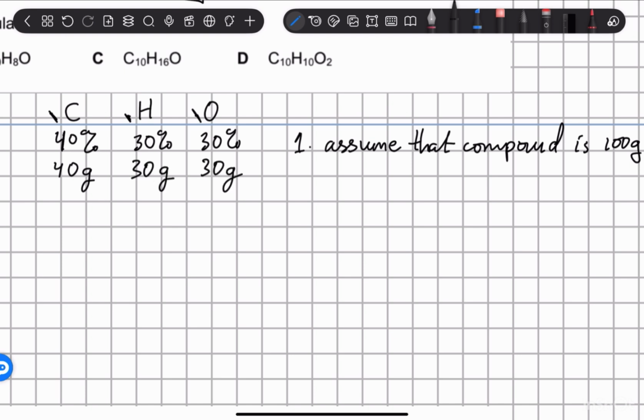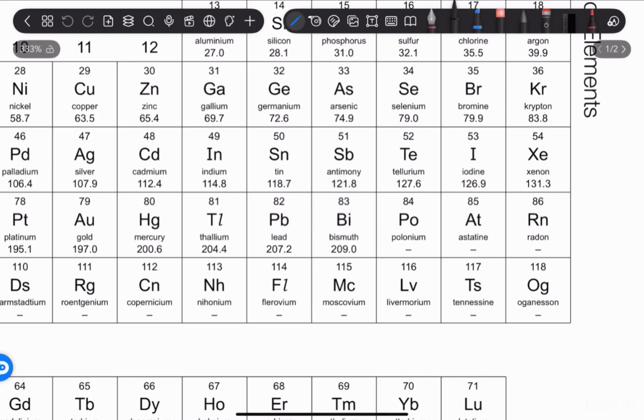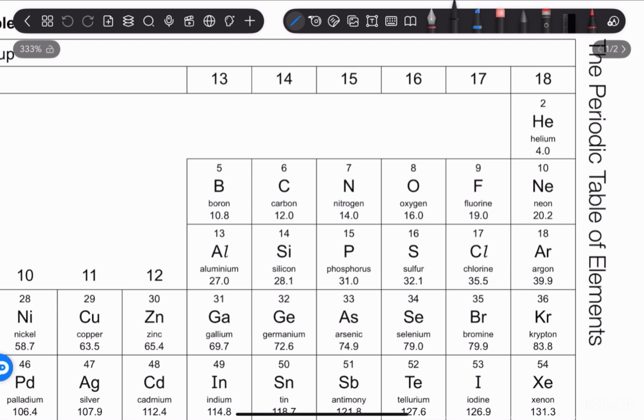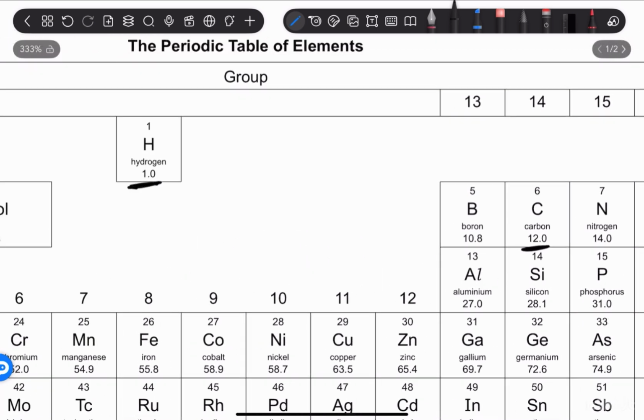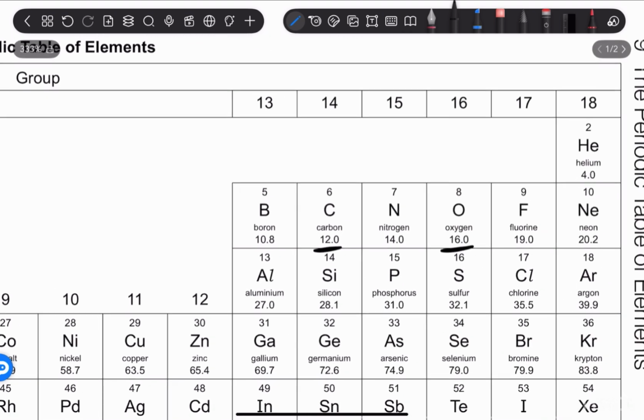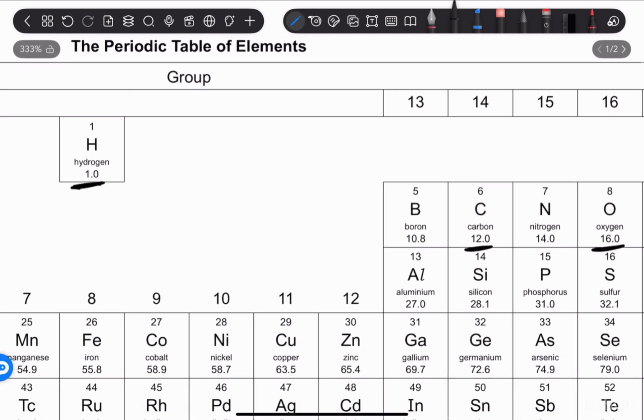This is what we have. Now carbon has an atomic mass of 12, oxygen has 16, and hydrogen has 1. According to the periodic table given to you at the end of every question paper, these are your relative atomic masses.